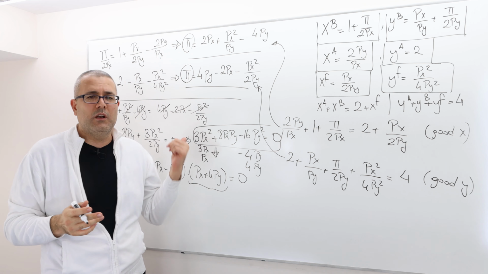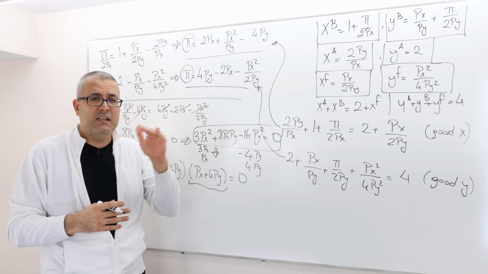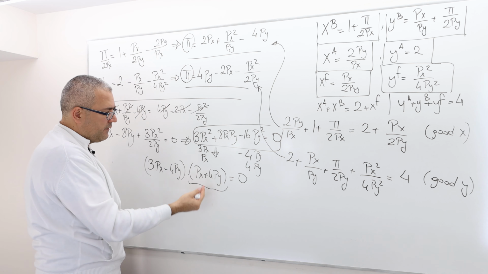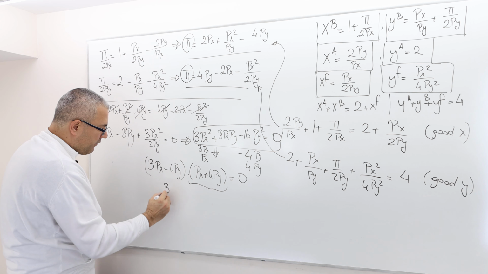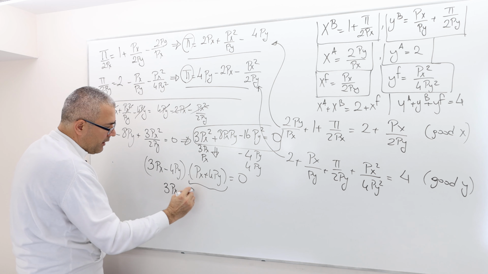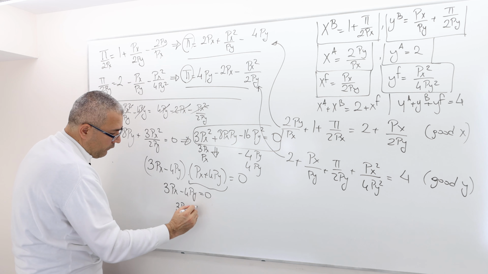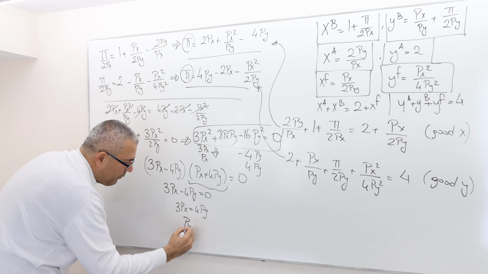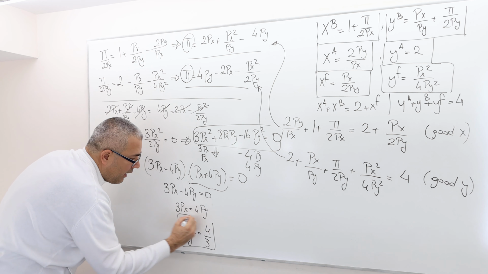So the prices we're looking for in the Walrasian equilibrium are always positive, non-zero. So this is positive, this can never be 0, but this can be 0. So 3px minus 4py equals 0 means 3px equals 4py. I am looking for the price ratio, so px over py must be equal to 4 over 3. That's it.